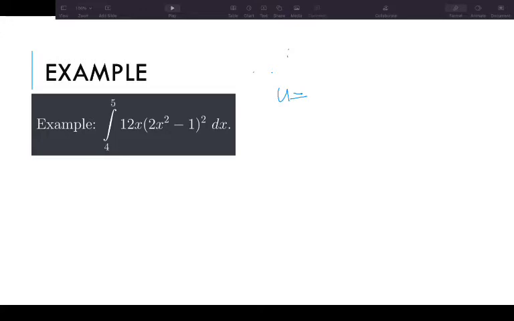So by U substitution, we get u equals 2x squared minus 1. Then getting the derivative is du equals 4x dx. Just like normal indefinite integration, we will do the same thing.